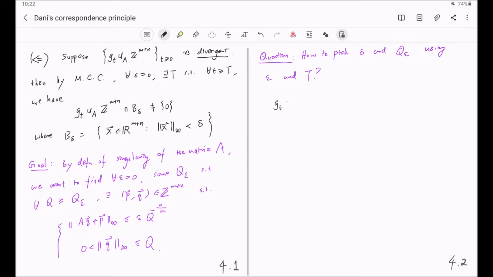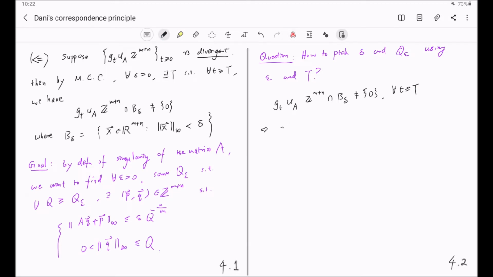Notice that the intersection of this trajectory with B_delta is more than just 0 for t greater than or equal to capital T. We have to determine this capital T later.